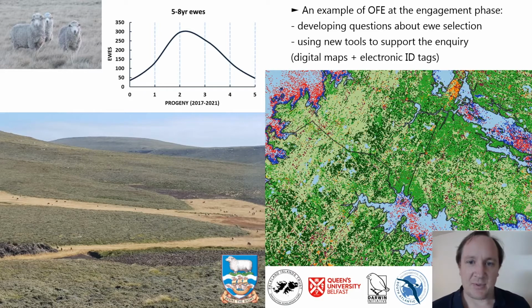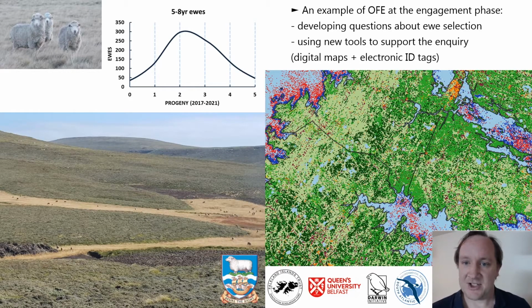In my third example here of OFE, we're really talking about the engagement phase of the OFE process, which is very important. The reality is that OFE does not begin when an experiment begins. The experiment is actually part of a process. And so the engagement phase is really the first bit which develops the experiment.